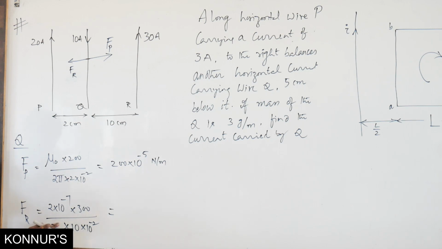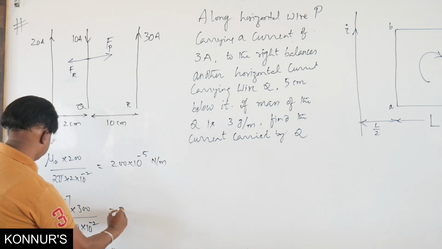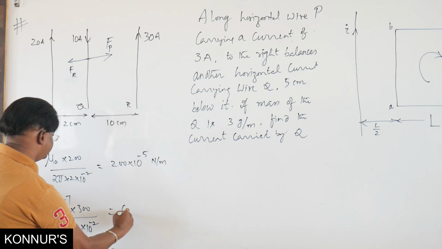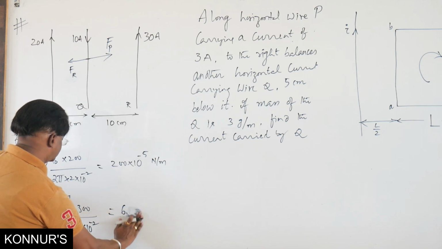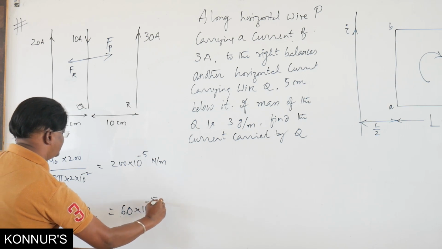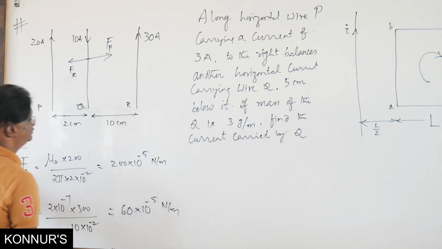No pi term. 2 into 10 power minus 7, and 300 by 0.1, so it will be 60 into 10 raised to minus 5 Newton per meter.